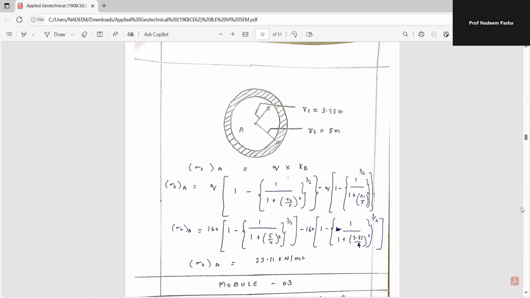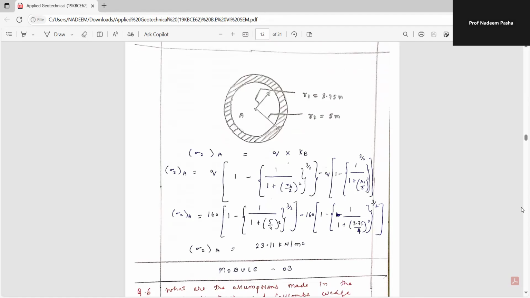Sigma z is equal to q times [1 minus 1 by (1 plus (R2 by z) square) raised to 3 by 2] minus q times [1 minus 1 by (1 plus (R1 by z) square) raised to 3 by 2]. So sigma z is equal to 160 [1 minus 1 by (1 plus (5 by 4) square) raised to 3 by 2] minus 160 [1 minus 1 by (1 plus (3.75 by 4) square) raised to 3 by 2]. So sigma z is equal to 23.11 kilonewton per meter square.